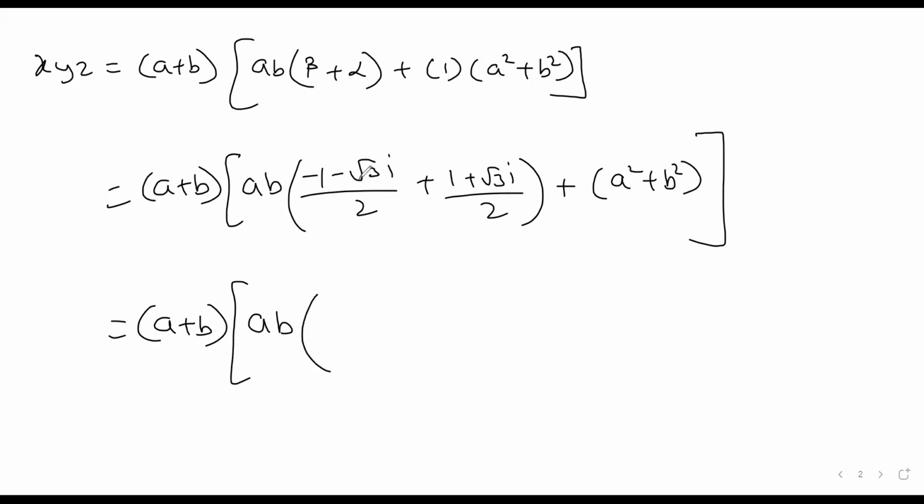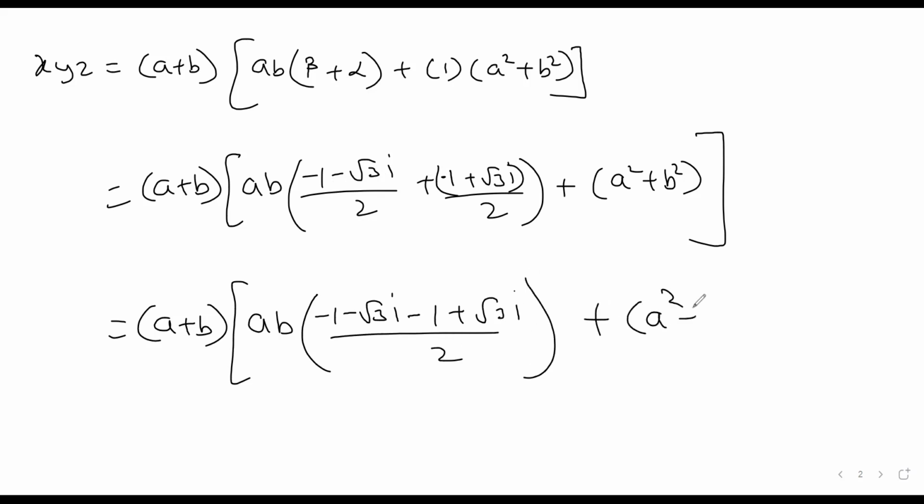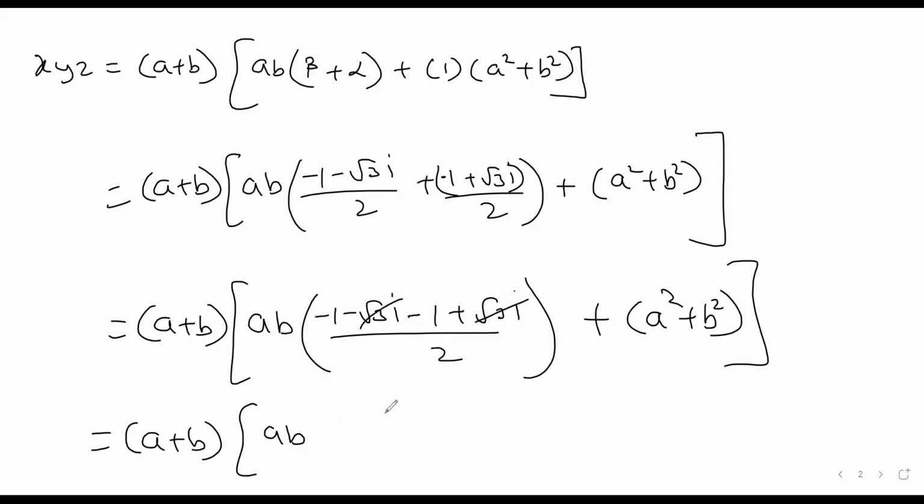So I'll put a bracket actually: -1 minus root 3i, -1 plus root 3i, whole thing upon 2, plus a square plus b square. This is -2 upon 2, plus a square plus b square.